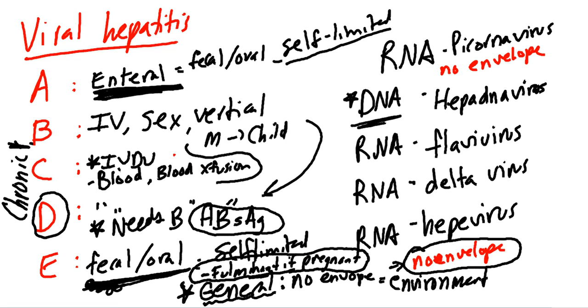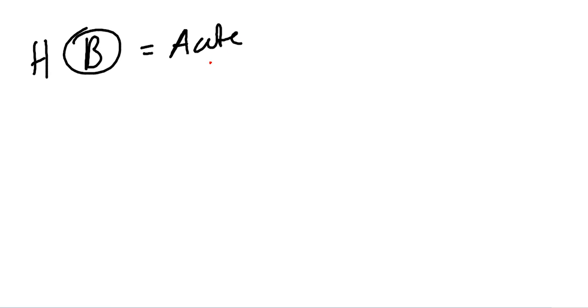Hepatitis B is really common everywhere. There's a lot of people already infected. So hepatitis B, you can get an acute infection. That acute infection, like I said, can resolve.